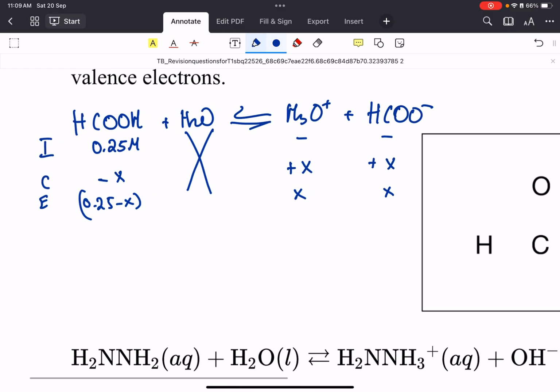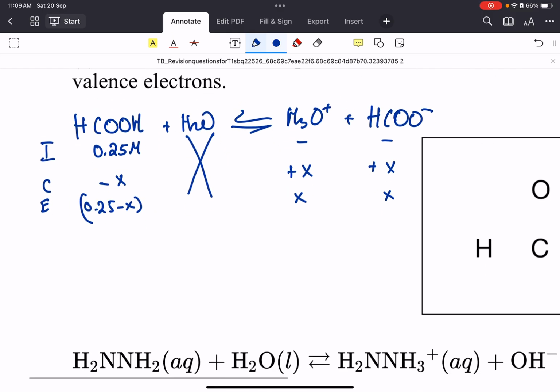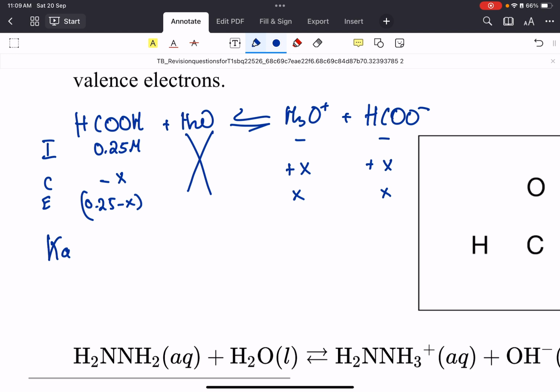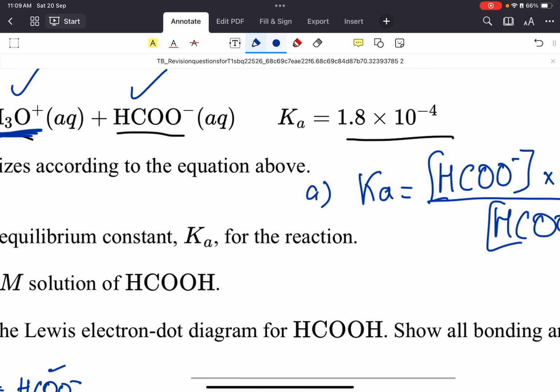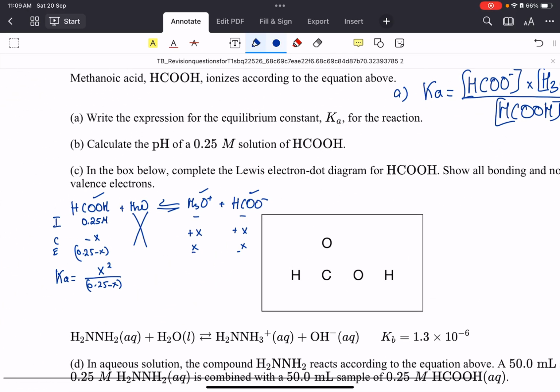Then you proceed and you write the formula of Ka. Ka is equal to H3O plus times HCOO minus over HCOOH, so use the values: X times X, that's X squared. And now here you look at the Ka, which is 1.8 times 10 to the power negative 4.